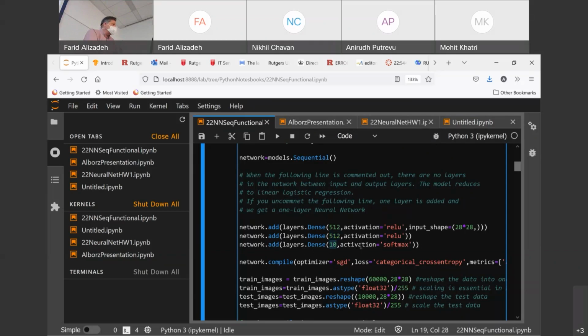And the activation here has to be the softmax function that I mentioned last time for logistic regression. So this is essentially a logistic regression, except that it's not linear. It's this complicated composition of functions.